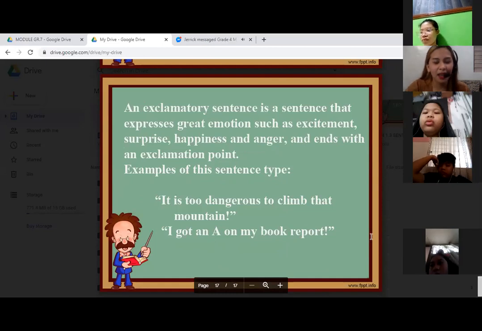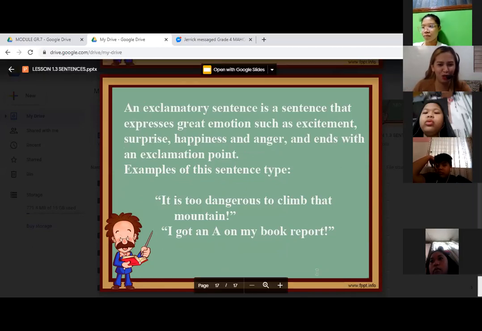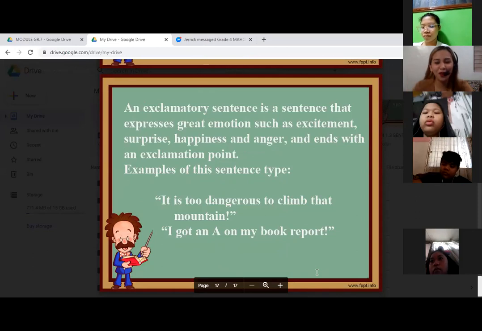Okay, and lastly, ito yung isa, pinakamadali din to. Bakit? Kasi, an exclamatory sentence, from the term exclaim, exclamatory, exclamation. Automatically, this sentence expresses great emotions such as excitement, surprise, happiness, anger, and ends with an exclamation point. If you are expressing too much emotion in a certain dialogue, automatically what you are saying is an exclamatory sentence.